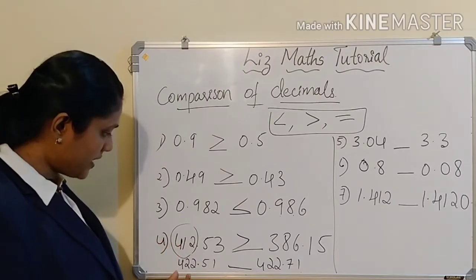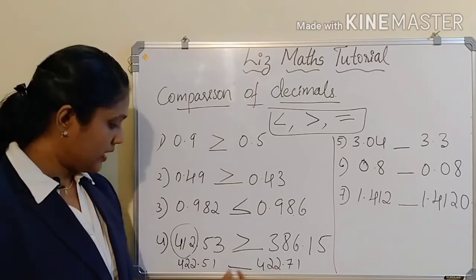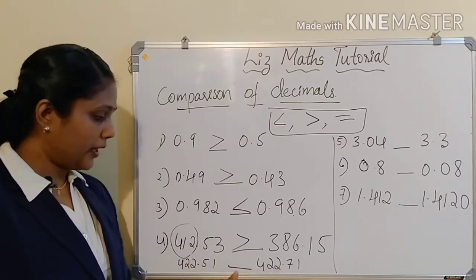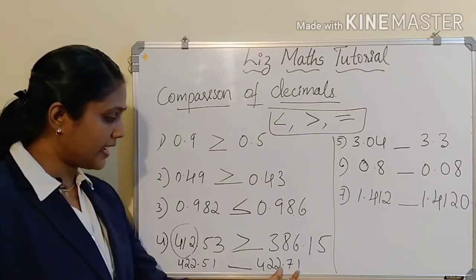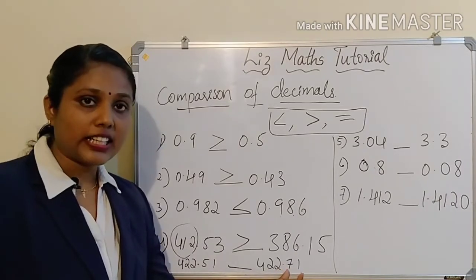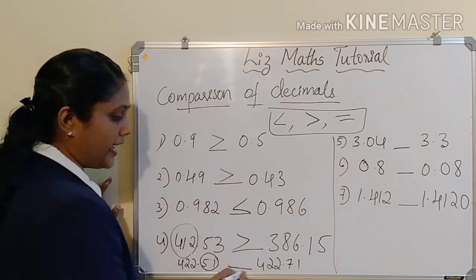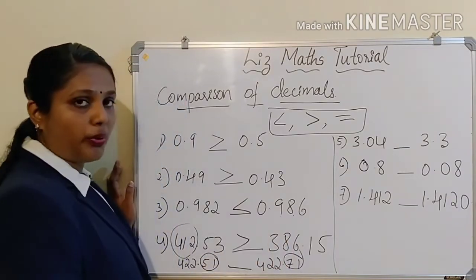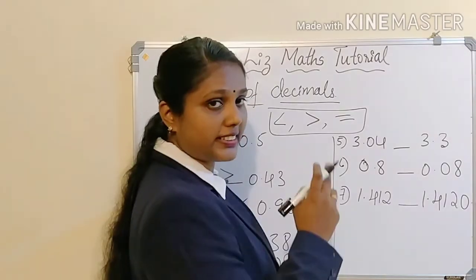But here can you see here 422, here also 422. These two are equal, but you cannot put equal here. But see after the point what is given. Both are like decimals, but here you can see 51 only. Here you can see 71. So which is greater? 71 is greater.